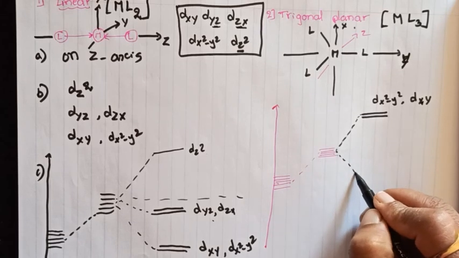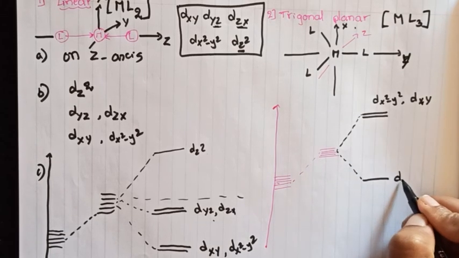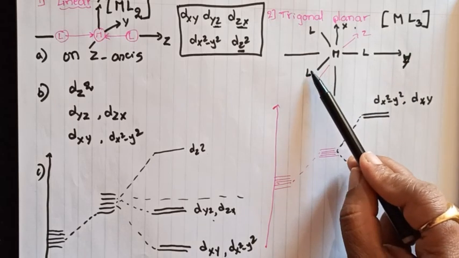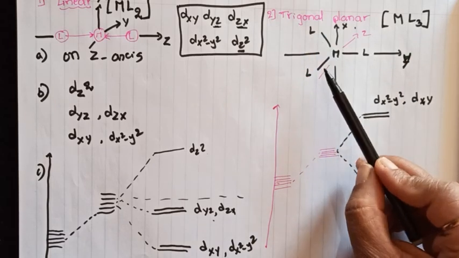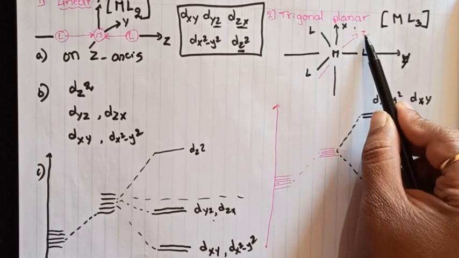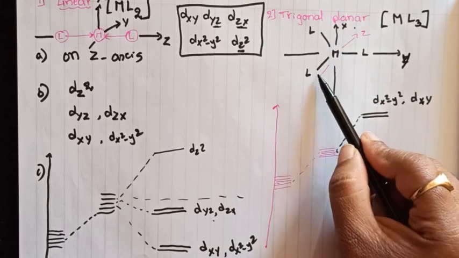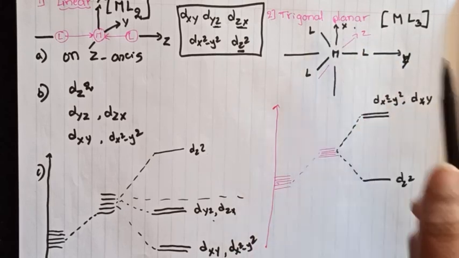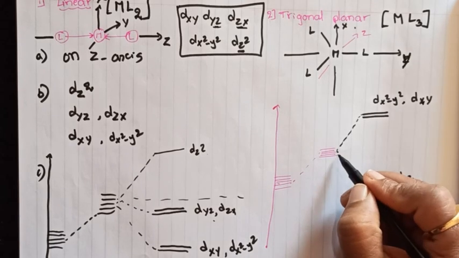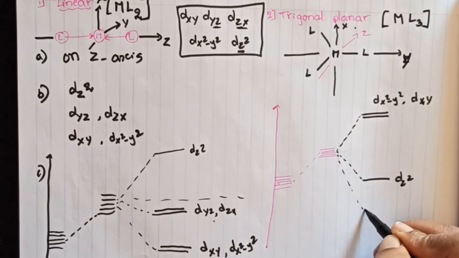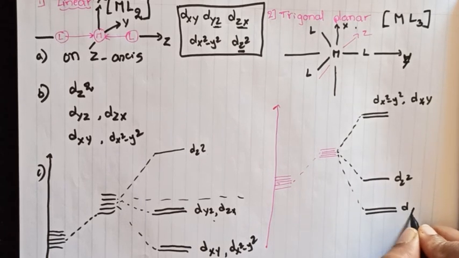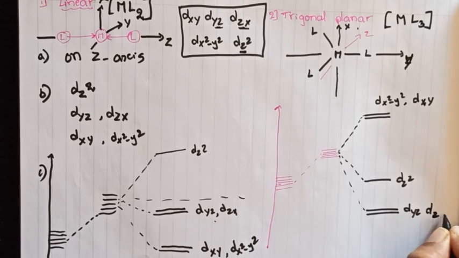Next is dz square. Even though there is no ligand on the z axis, here 2 ligands are approaching in between the axes. Between the z and x axes, one ligand, and between the z and y axes, one ligand. Because of that, it gets more repulsive forces, followed by dyz and dzx.